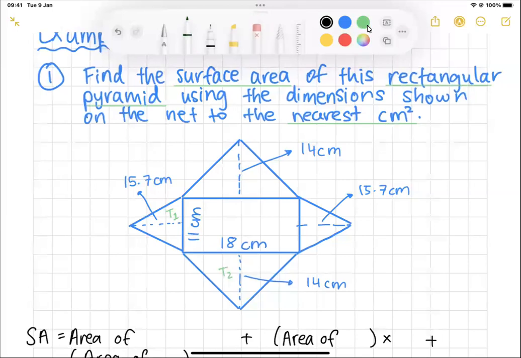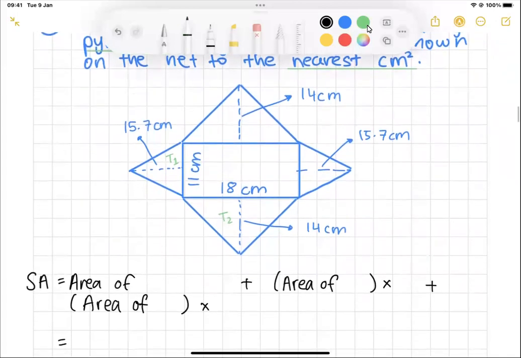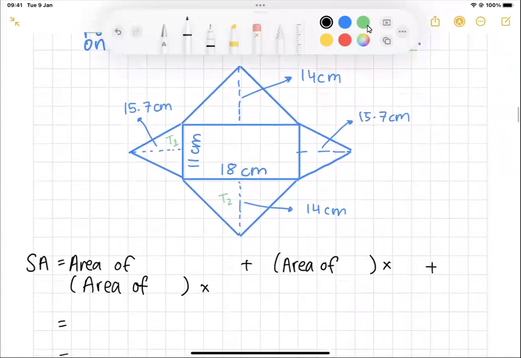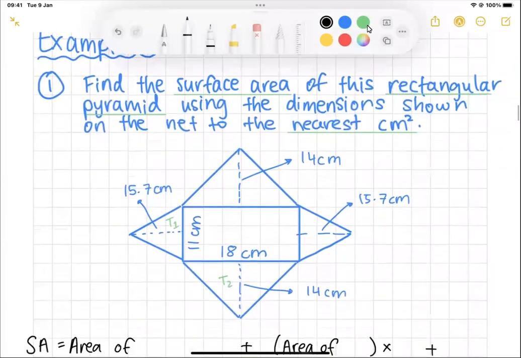So let's get started. This is the net from question number 1. It's given to us. Now, another strategy that I'm going to tell you with dealing with surface area of a pyramid is labeling your net, as well as if you look here, I had highlighted that this is a rectangular pyramid, meaning that the length and the width would be different, right?